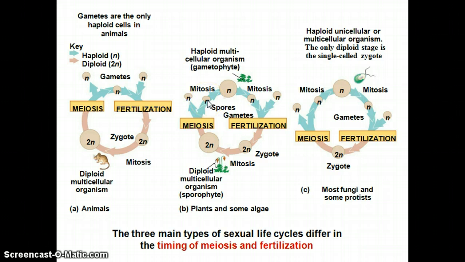But the plant, as you will remember, is a little more complicated. It's not as simple as just producing a haploid gamete and then joining with another, such as we see in animals. In a plant, these spores actually have to go through more development before they become gametes.